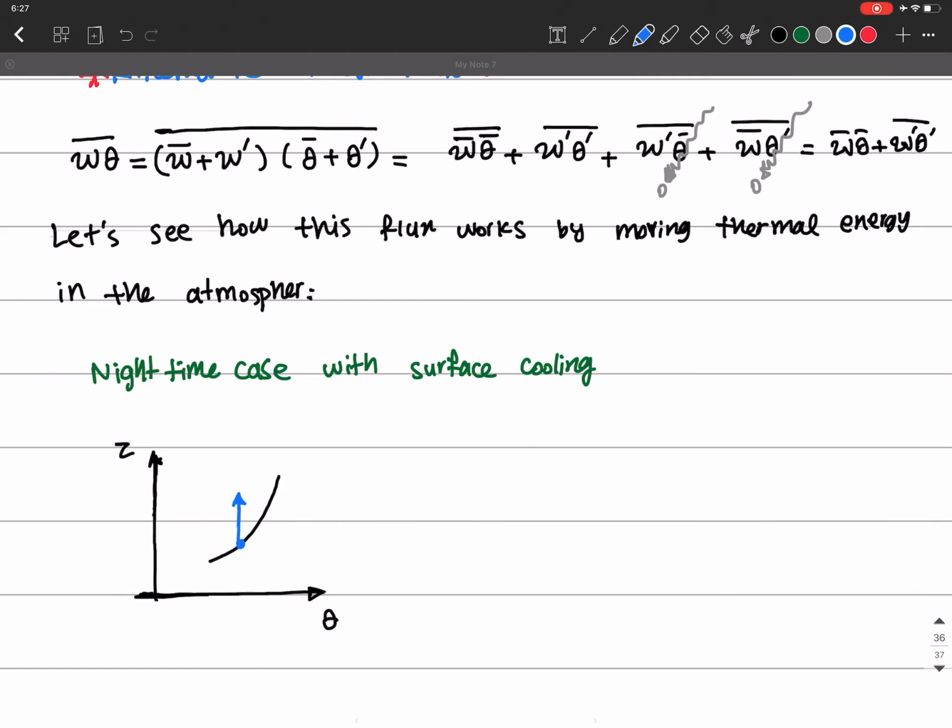Because it moves upward, the W prime, the vertical velocity, is going to be positive for this air parcel.